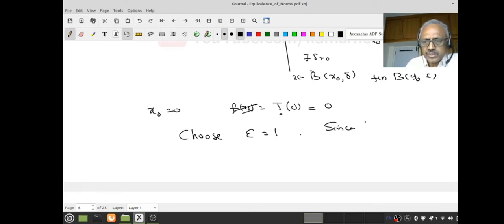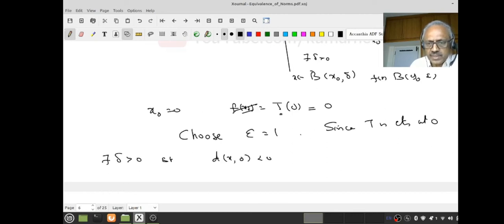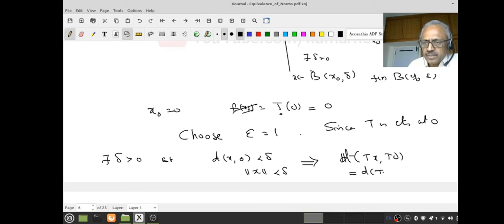Now what do we know? Since T is continuous at 0, there is a positive delta, so that the distance between x and 0 is less than delta, that means norm of x is less than delta, implies the distance between Tx and T0, which is nothing other than the distance between Tx and 0, which is norm of Tx, should be less than 1.